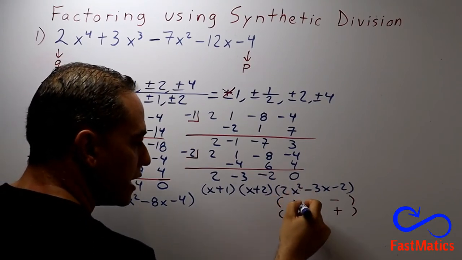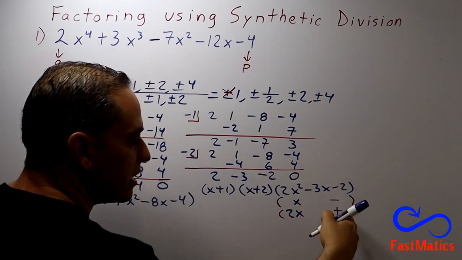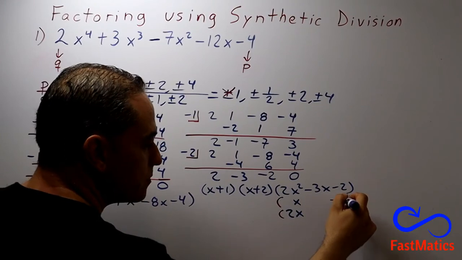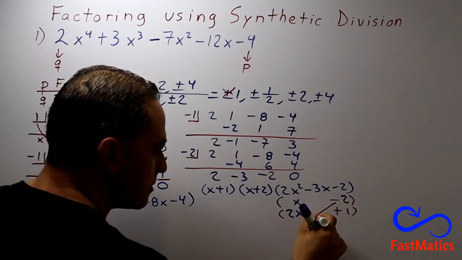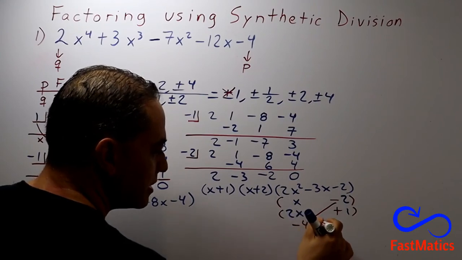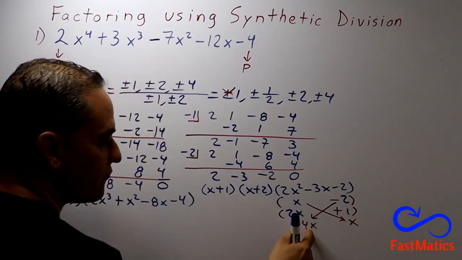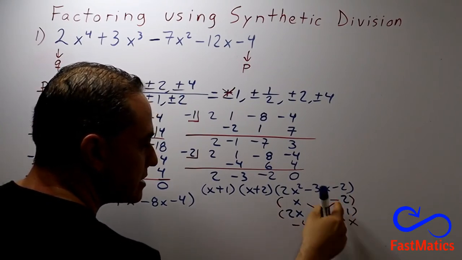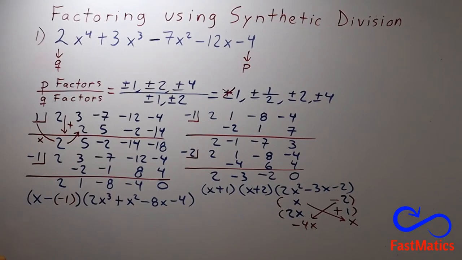For instance, x times 2x. And here, what are numbers that multiplied give us 2? 2 times 1. Let's verify. Negative 2 times 2x, negative 4x. And x times 1 is x. Negative 4x plus x is negative 3x. Yes! So we have finished.